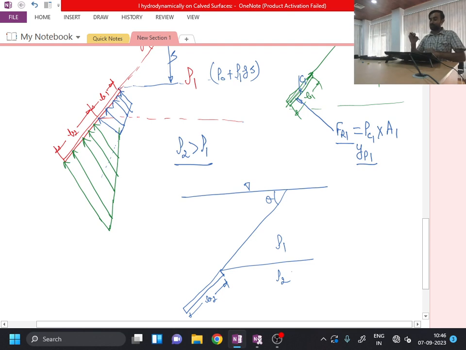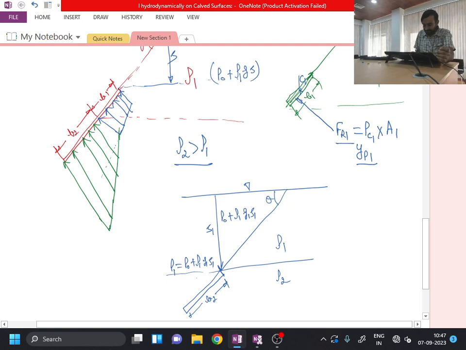I must know the distribution of the density, because up to this point, when calculating the pressure, if S1 is the total submergence, I have to use P0 plus rho1 g S1 up to this point. So P1 is equal to P0 plus rho1 g S1.